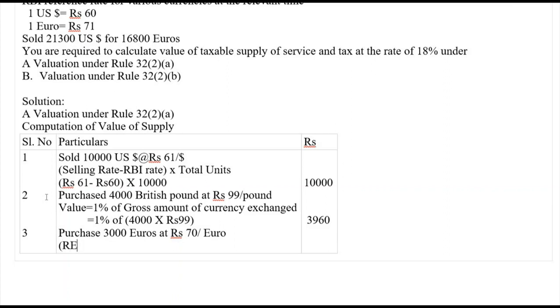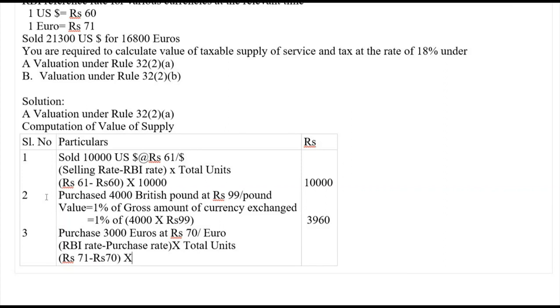So here RBI rate minus purchase rate multiplied by total units. So when you substitute the values here, you get rupees 71 minus rupees 70, multiplied by 3,000 here, so it comes to 3,000.